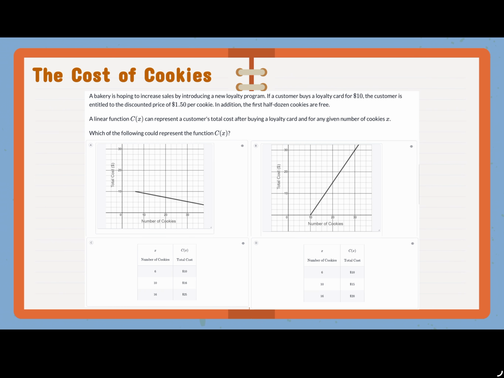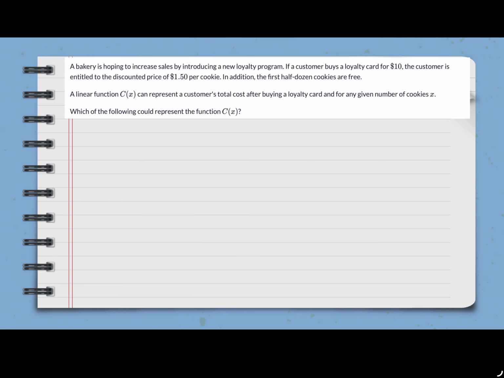Okay, this is our final question. Cost of cookies. A bakery is hoping to increase sales by introducing a new loyalty program. They buy a loyalty card for $10. The customer is entitled to a discount of $1.50 per cookie. And the first half dozen cookies are free. So again, we just have to mathematically solve it with what we have. Just set up the formula in y equals mx plus b form.